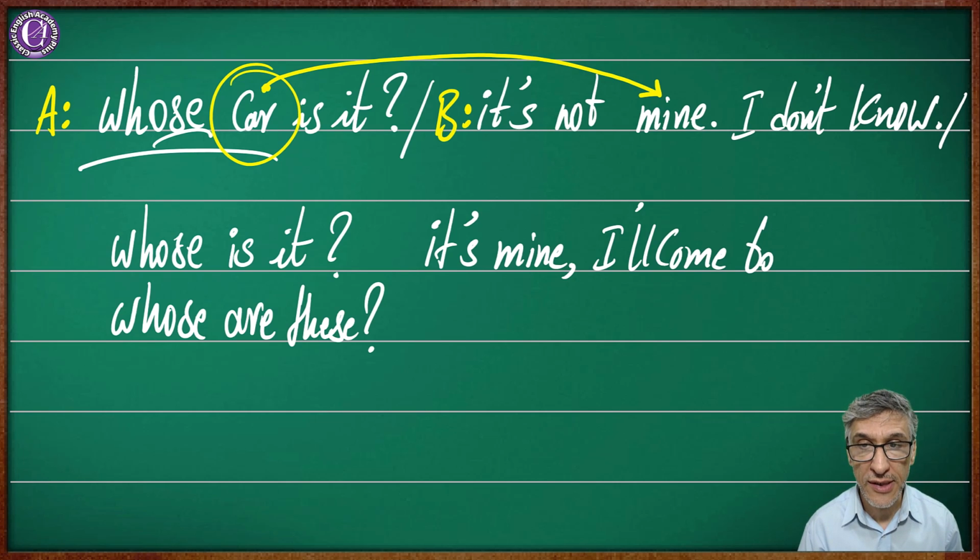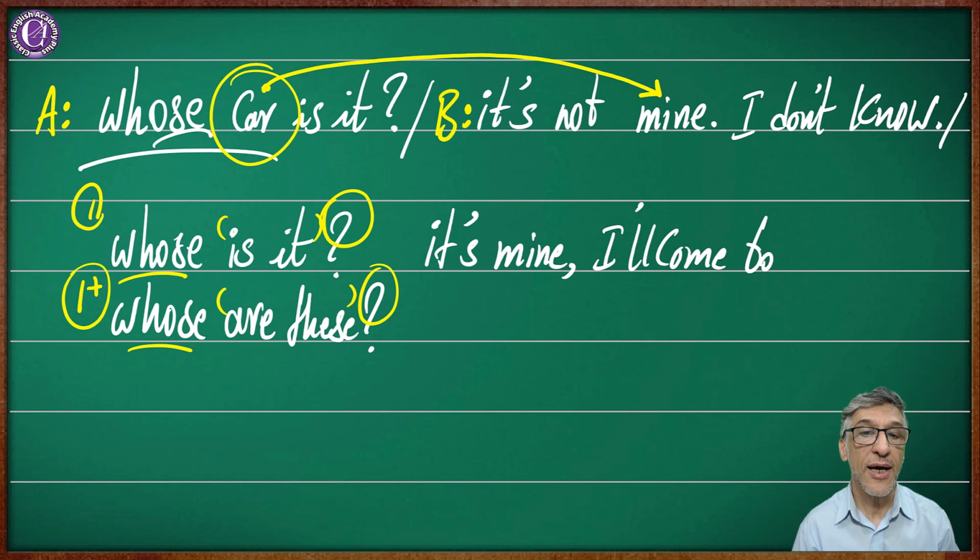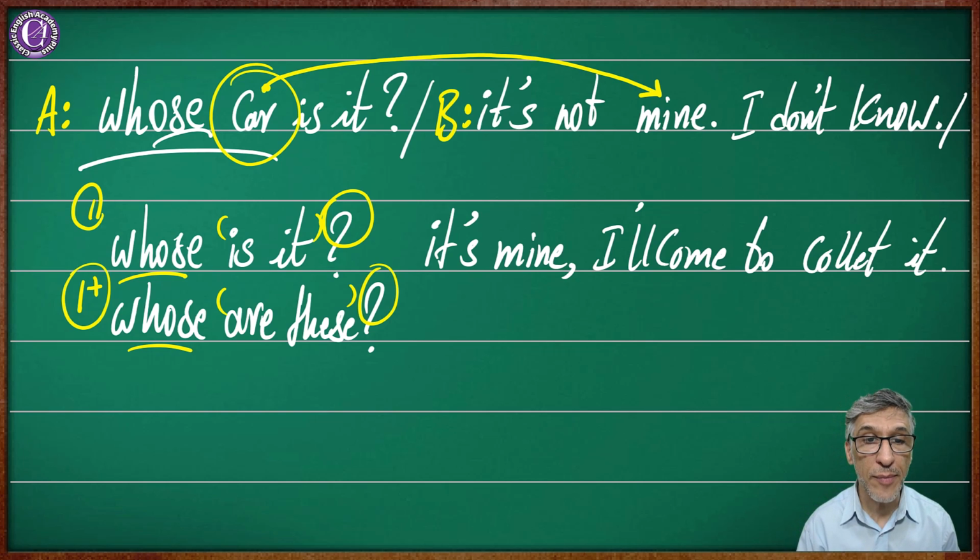Okay, whose has got no idea about the verb. Whose says, I just make a question. Maybe it is about one singular thing. Maybe it is about more than one, two or three or many. Say, I will come to collect it. Or, they are mine. Look at it. We say, they are mine.